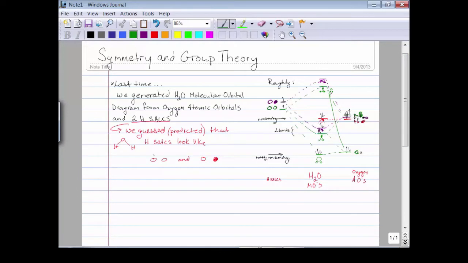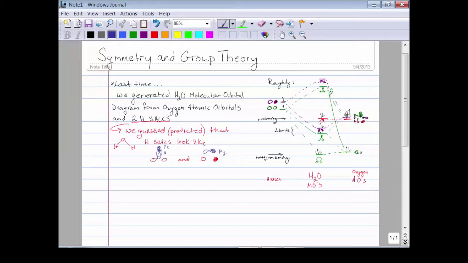This one matched the s orbital on oxygen, and it also matched the pz orbital on oxygen, so it could overlap with those two. And this one matched, I think we defined it as py. So we basically just generated these SALCs by guessing.